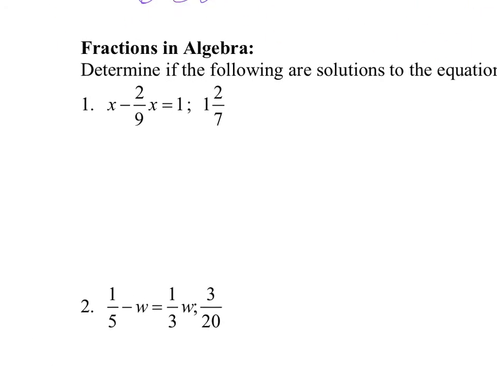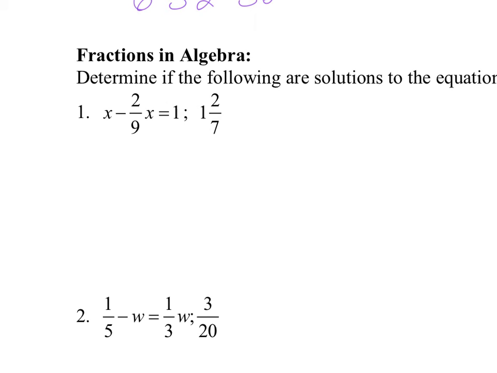Determine if the following are solutions to the equation. 1 and 2/7. Well, first I'm going to turn this into an improper fraction. 1 times 7 is 7, plus 2 is 9. All right, so I have 9 over 7 minus 2 over 9 times 9 over 7.